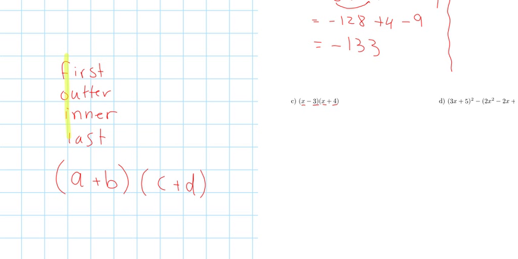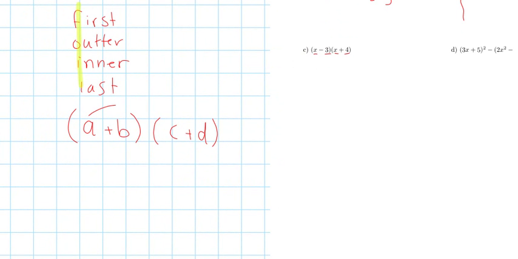What's your first letter in the first binomial? A. What's your first letter in the second binomial? C. So basically you're going to multiply A times C. That's your first. A times C gives me AC.